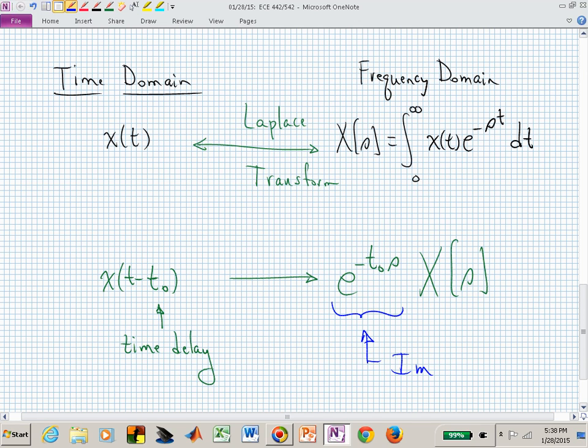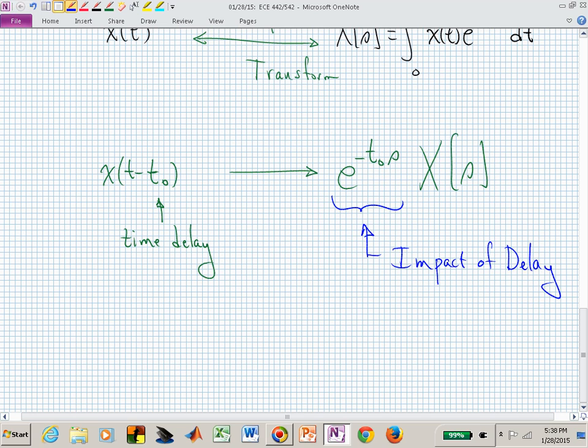E to the minus t sub 0 s, where t sub 0 is the amount of the delay in seconds and s is the complex frequency variable. But that's the relationship. If you delay your time domain waveform by an amount t sub 0, that's equivalent in the frequency domain to scaling by e to the minus t sub 0 s.